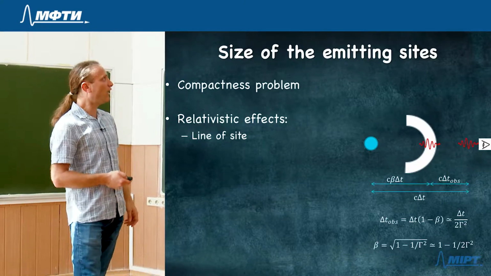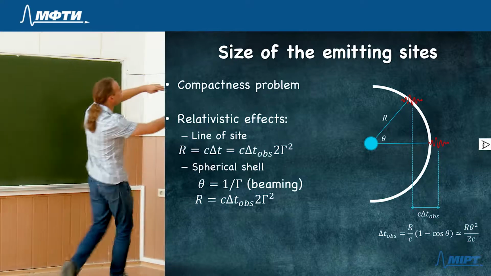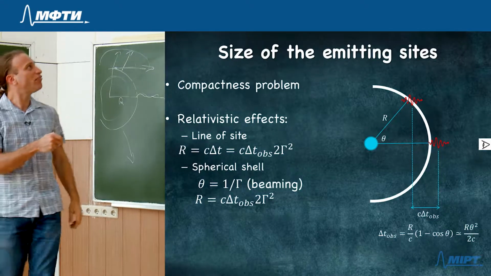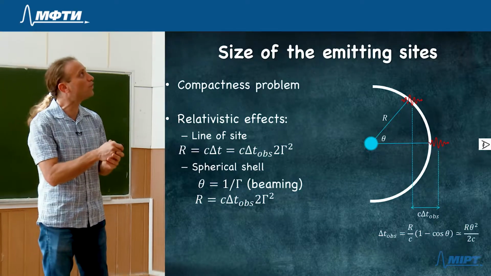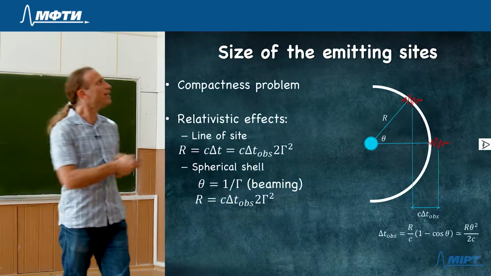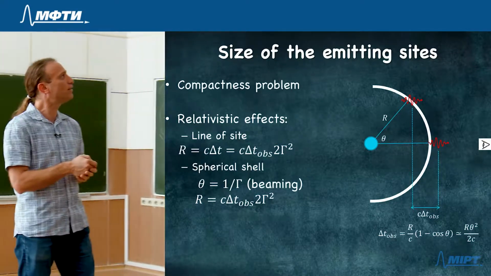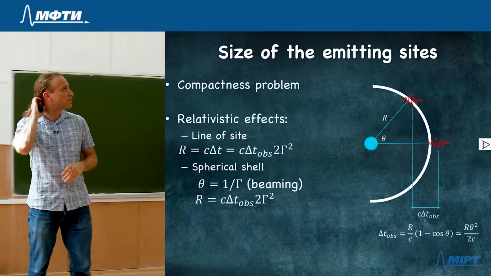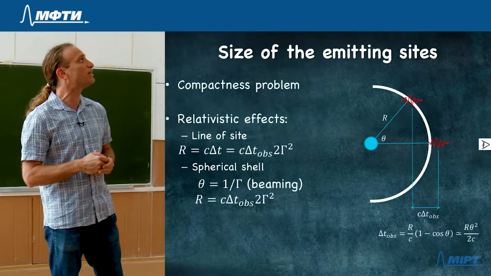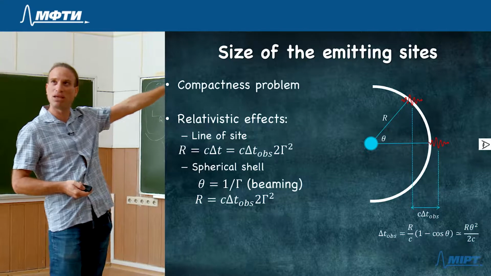Now, there is another way to show that. Remember that we talked about a spherical shell. Now, if I have not an object that moves toward us, but a spherical shell that is expanding and emits its photons instantaneously, then relativistic beaming will come to my aid. I'm going to explain relativistic beaming soon.